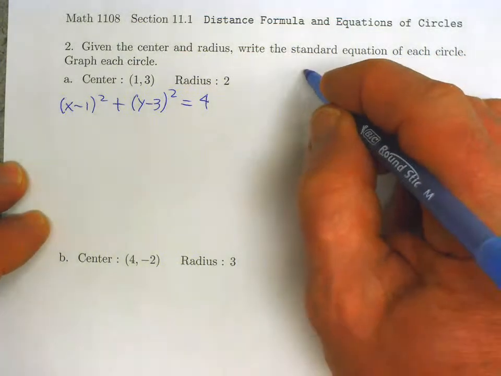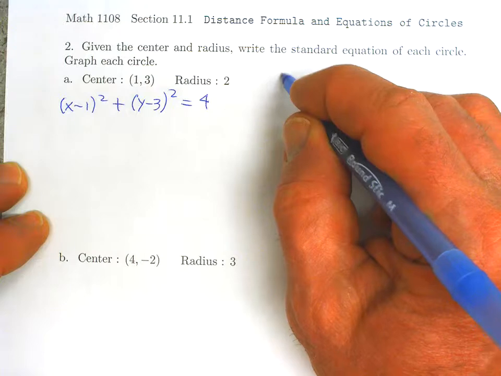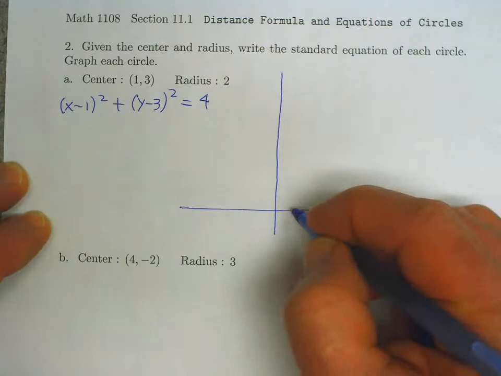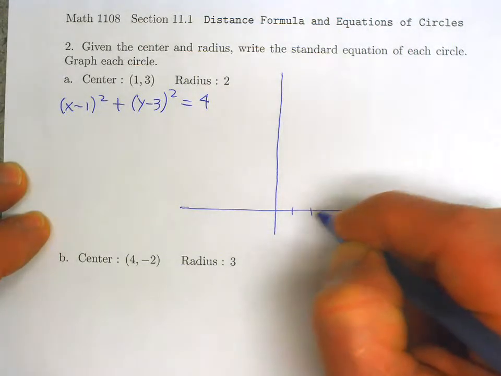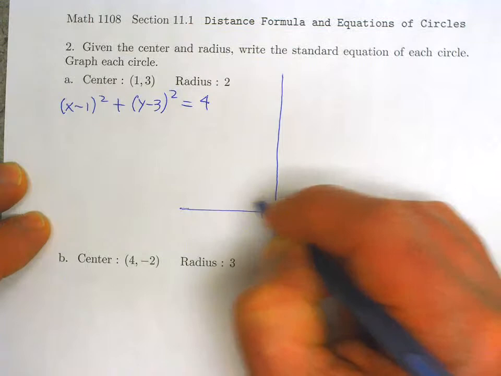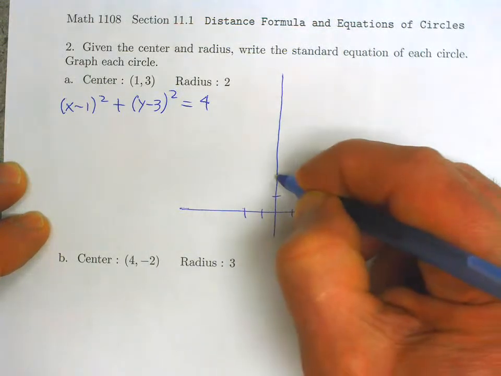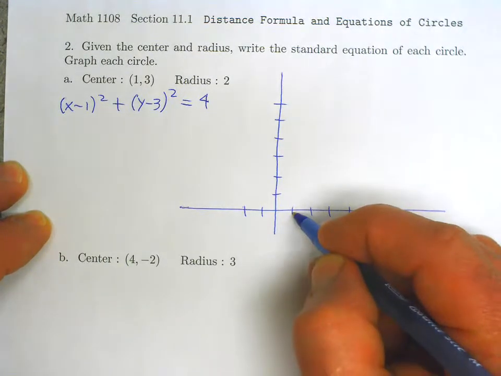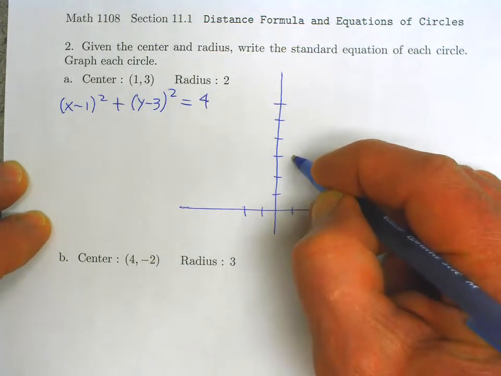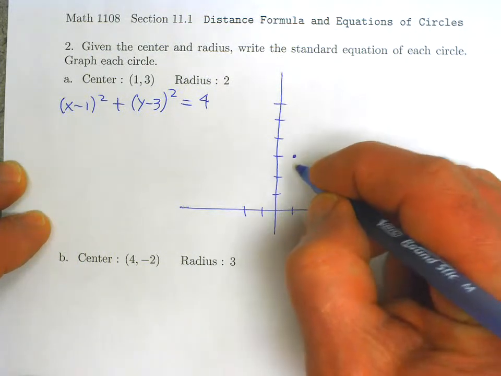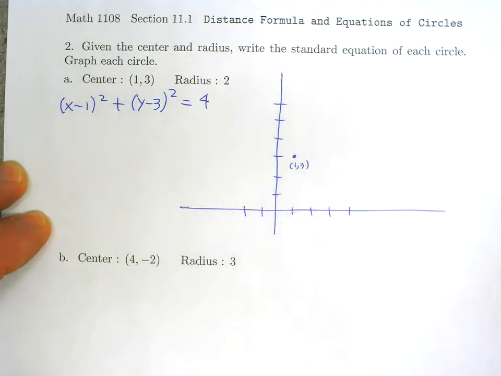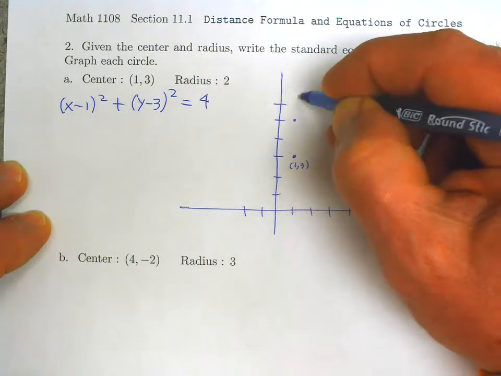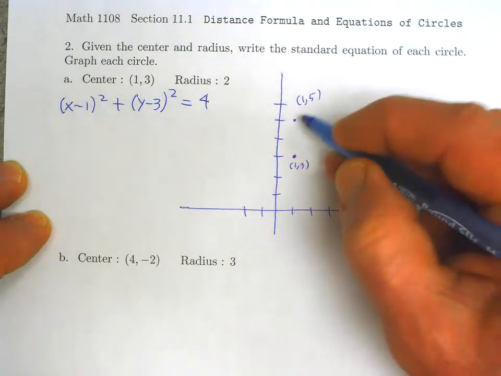Okay, then the tedious task is to sketch a graph of that. So the center is (1, 3). The radius is 2, so from the center, if I move up, I get to (1, 5), so this point is on the circle.